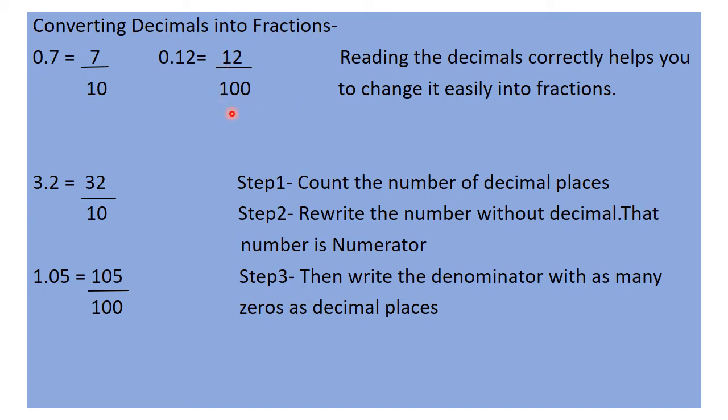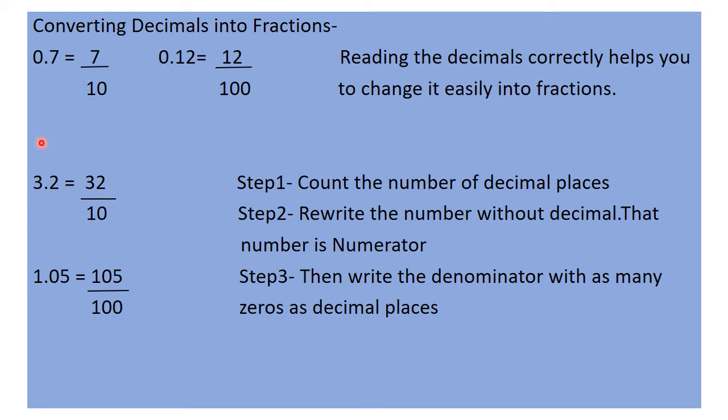Now after this, there is one more method through which you can convert decimals into fractions. So let us see the method. Here I have written 3.2, which is a decimal number, and the next decimal number I have taken is 1.05.